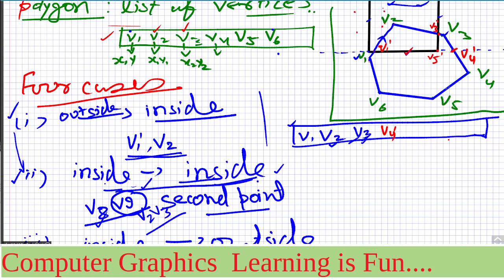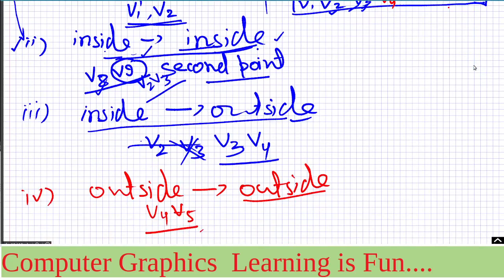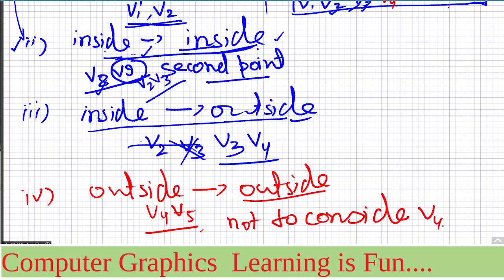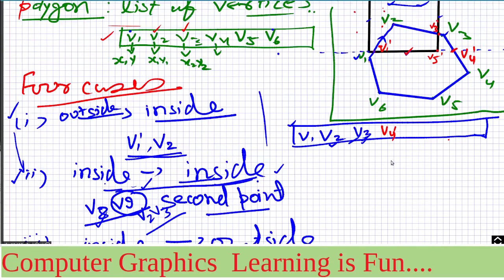Okay, it is totally outside. So in this case, we need not consider V4 or V5. Similarly, this case V5 V6 will also be similar. V6 V1 will also be similar.